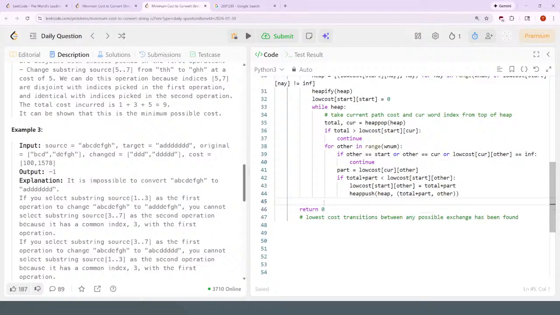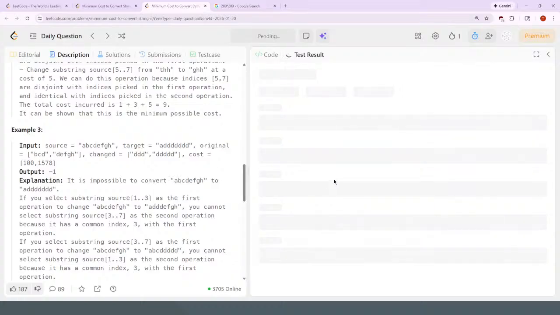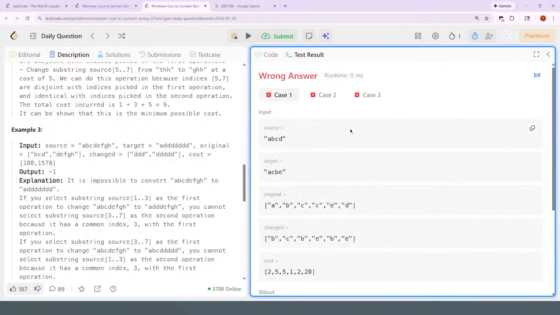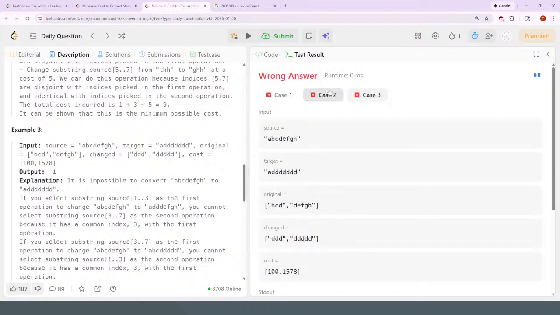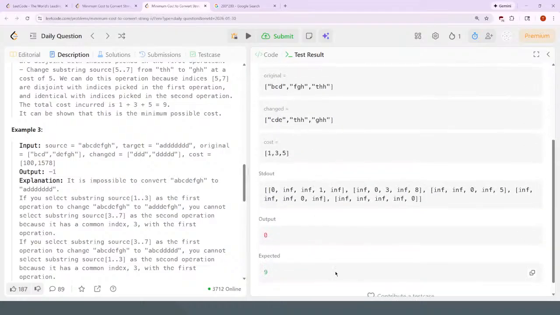Maybe I can just print out the transition matrix. See how it looks. It's reasonable. So there should be 1, 2, 3, 4, 5 things. 5 unique 3-letter strings. So there should be a 5 by 5 transition matrix. So this to this should cost 1.